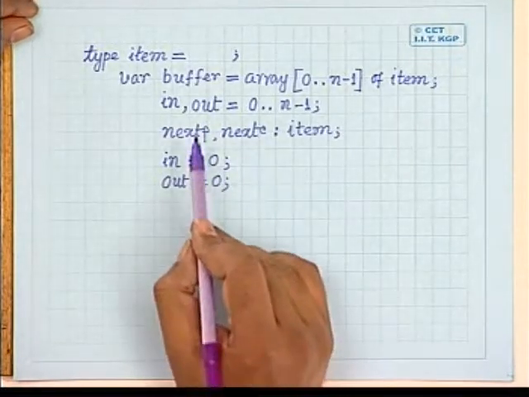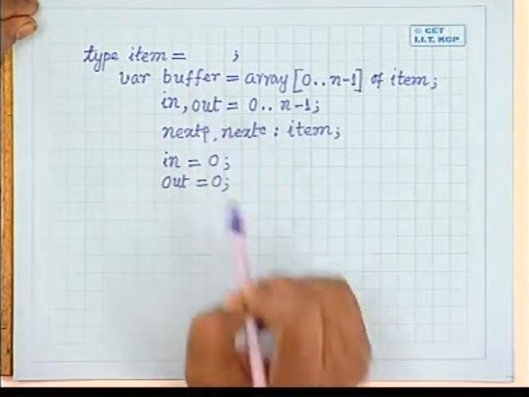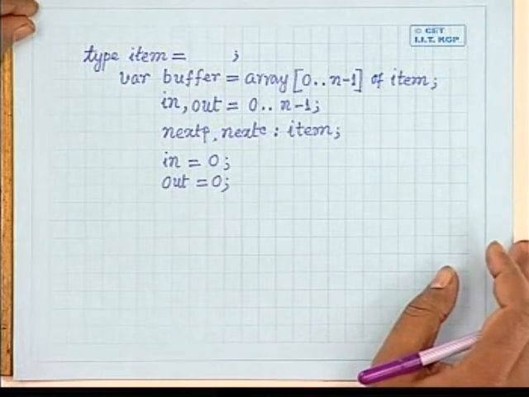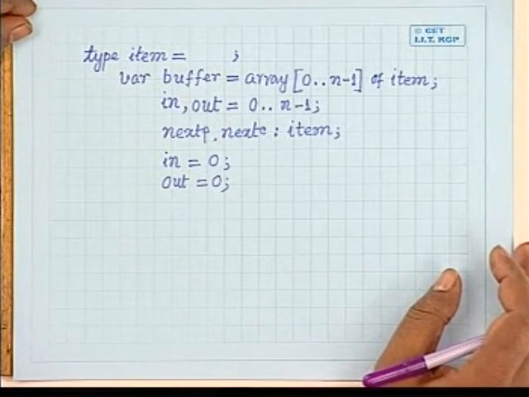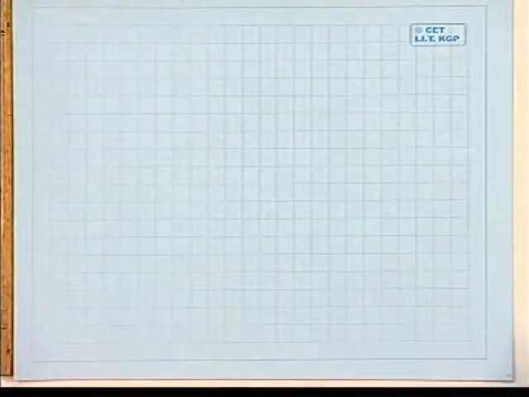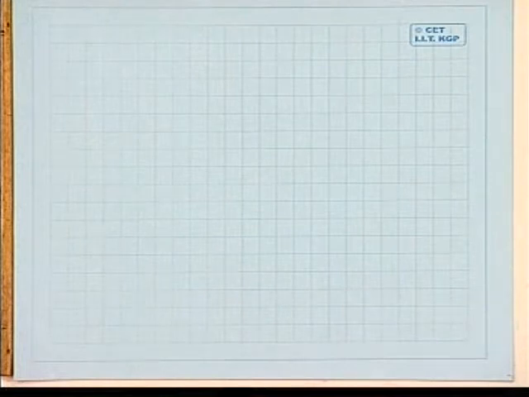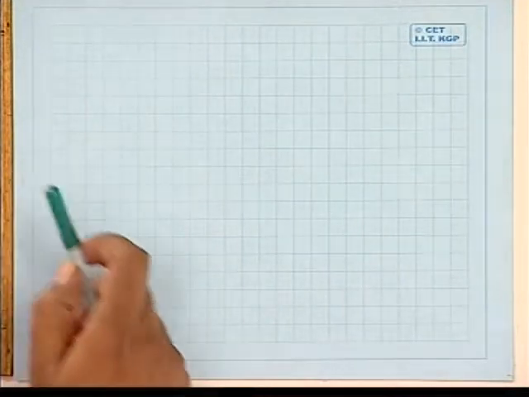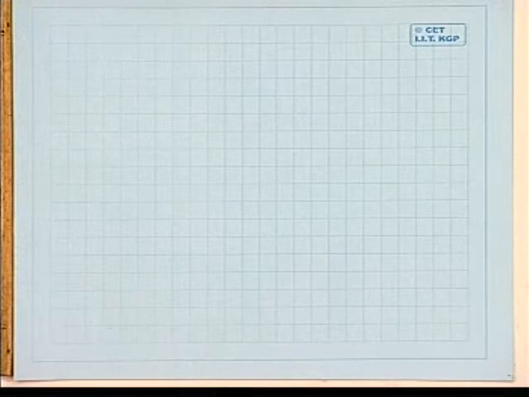Now, once these variables are declared, we can write codes for the producer process and the consumer process. The codes will be something like this. It will be placed under a co-begin and co-end structure.